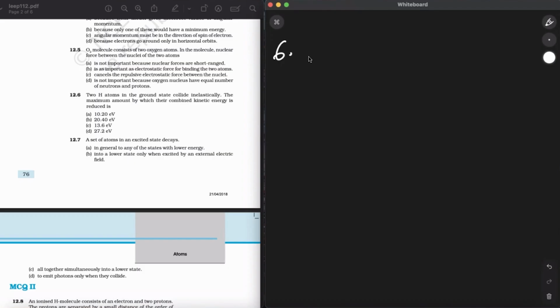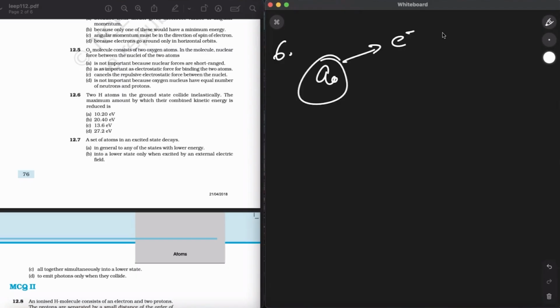Alright. So at the ground state, the lowest energy state, the electron revolving around the smallest orbit has the radius a naught. A naught is the radius when an electron is moving in the ground state. Ground state, or the lowest energy state, it is revolving in the smallest orbit.